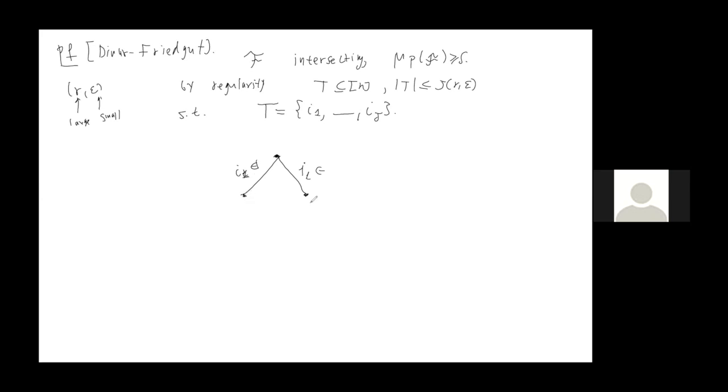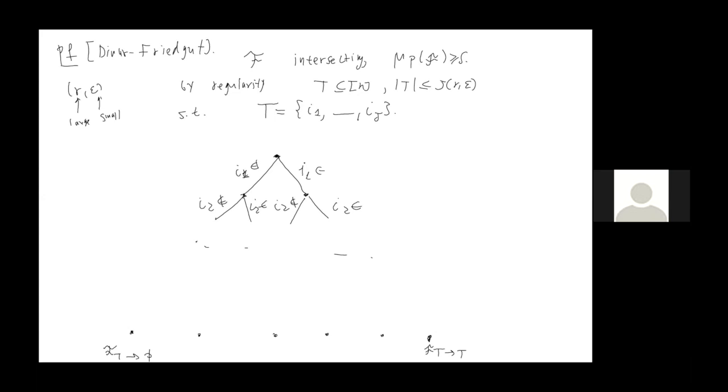Then I split according to I2, and so on and so forth, until I get to the leaves. For example, this leaf stands for the restriction of T going to T, and this one stands for T going to the empty set.